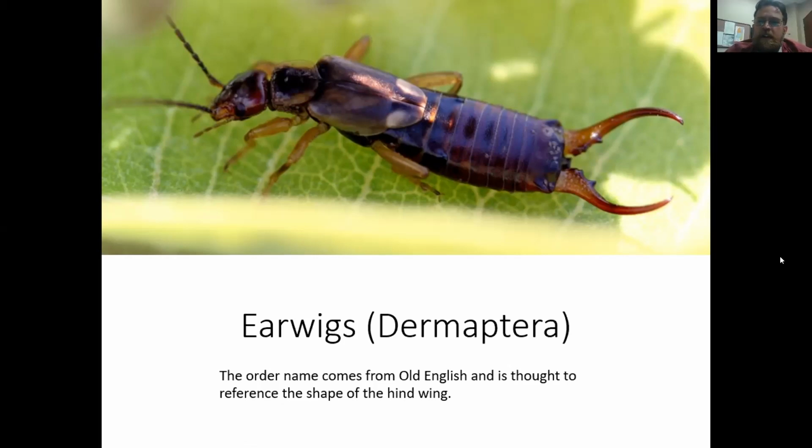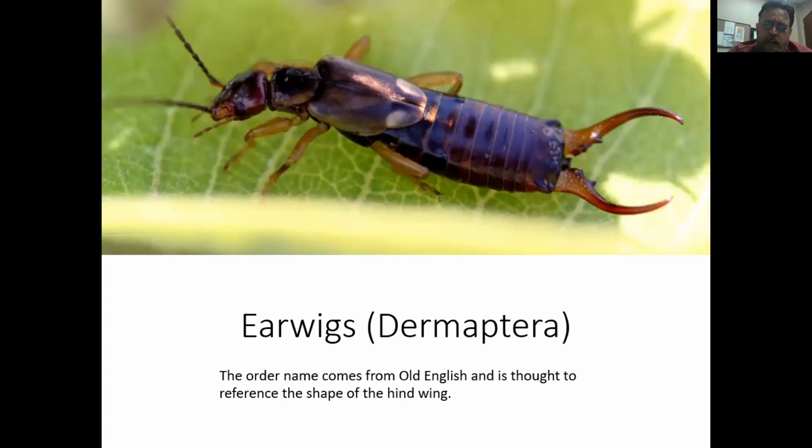And of course, there's all sorts of stories about how earwigs got their name because they would crawl into people's ears and lay eggs or things like that. That is not the case. That's not where they got the name. It actually comes from Old English. The ear part of that comes from their hind wings, which kind of have an ear-like shape to them.